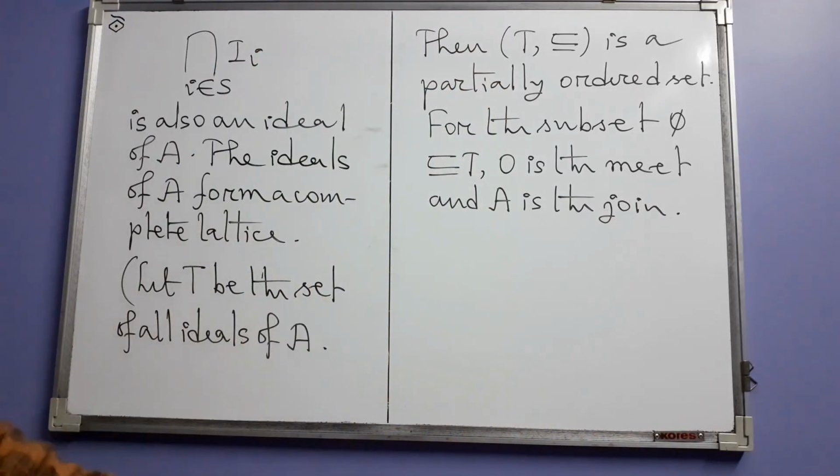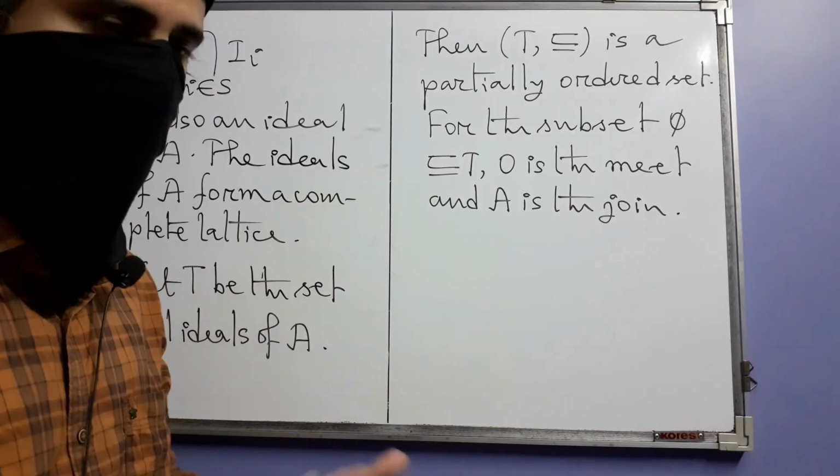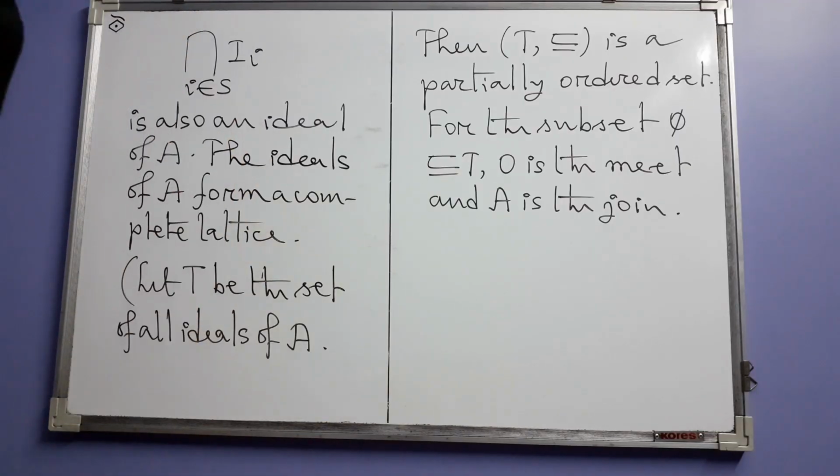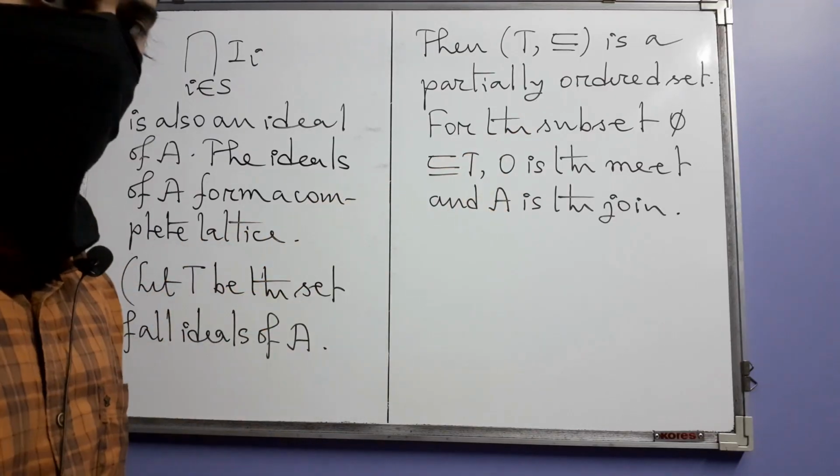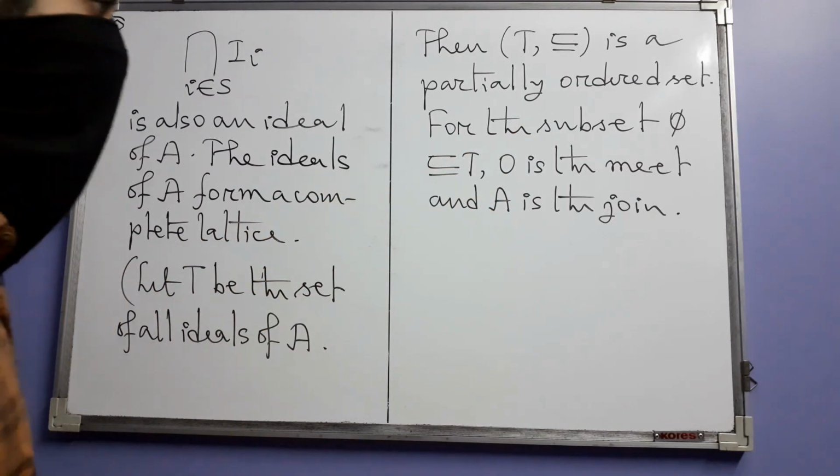Okay, 0 means the 0 ideal, and the entire ring of course is also an ideal. So these are elements of T, and the first one acts as the meet of the empty set and the second one acts as its join.